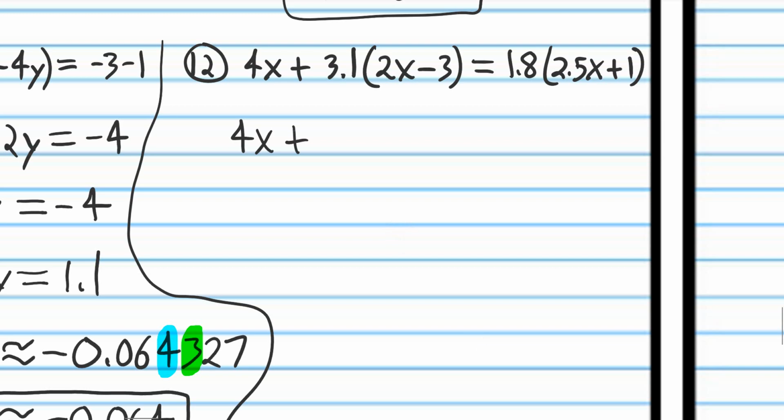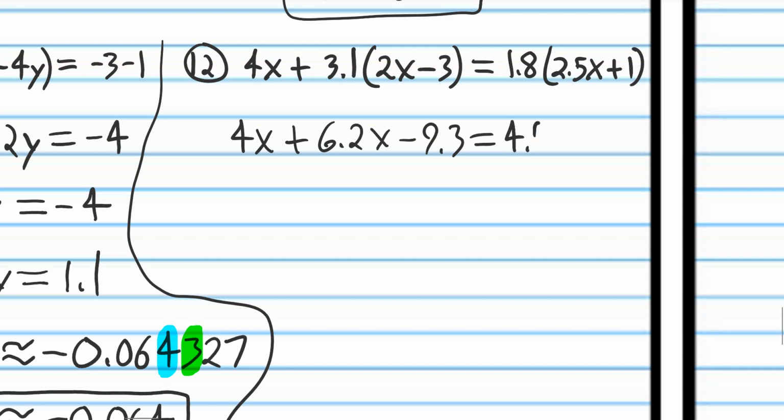3.1 times 2 is 6.2. And 3 times 3.1 is 9.3. Again, those are some calculations that you could do in your head. 1.8 times 2.5, that's a calculator problem.